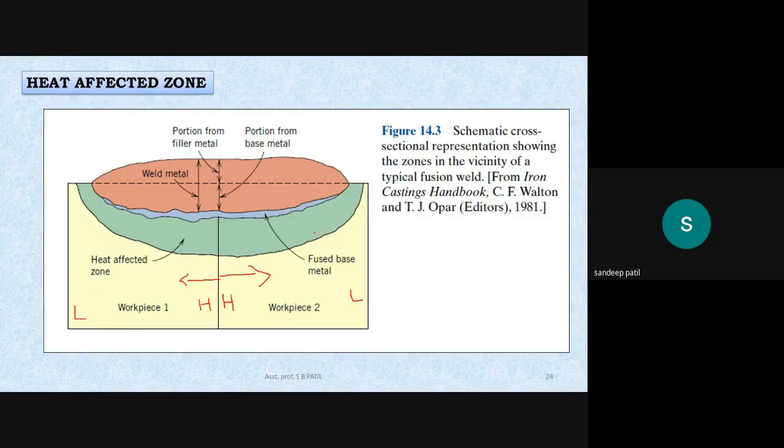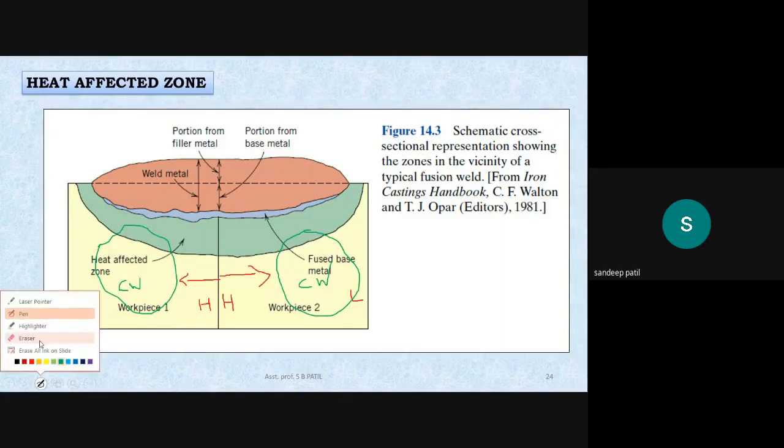If there are some regions like this, suppose this is one region and this is a second region, and these regions were cold worked previously, then due to the transfer of heat from high to low through this part, some alterations are possible in this region.